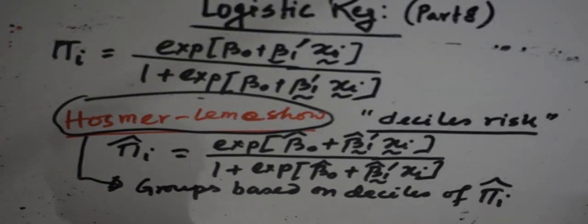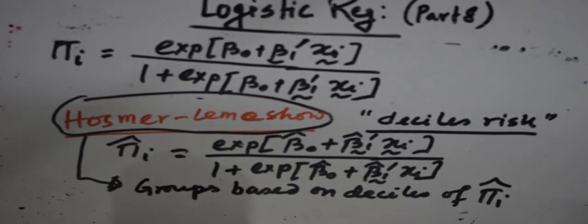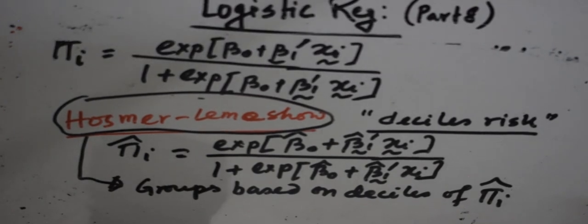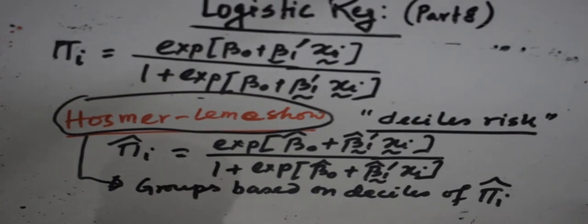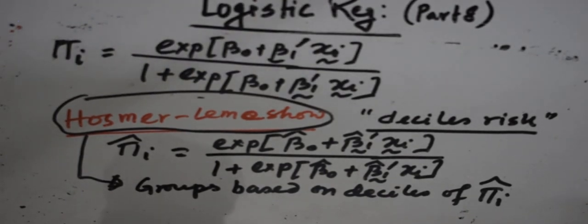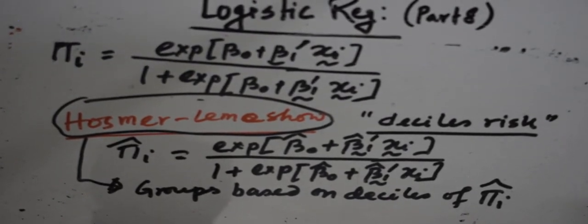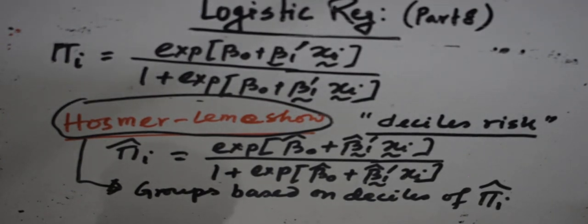The first group contains the n by 10 subjects with the smallest values of pi i hat. The second group contains the n by 10 subjects with the next smallest values of pi i hat. And the last group contains the n by 10 subjects with the highest values of pi i hat.